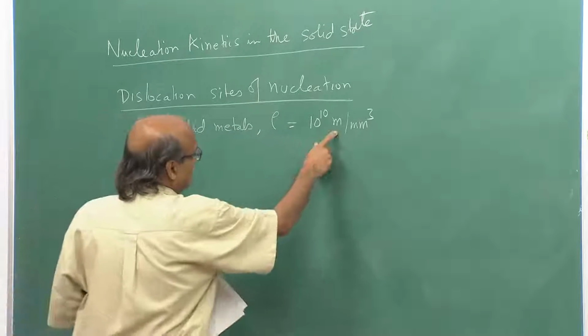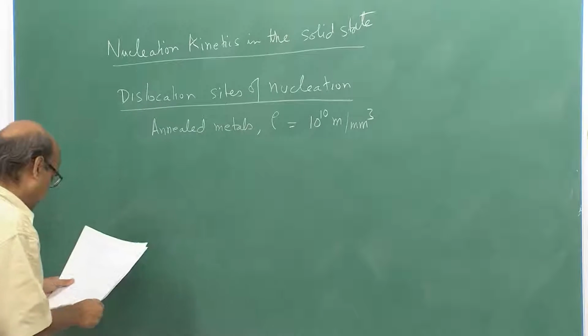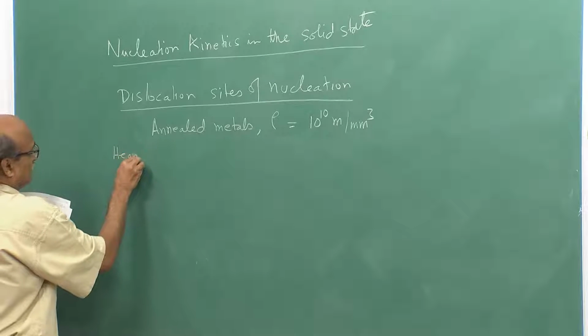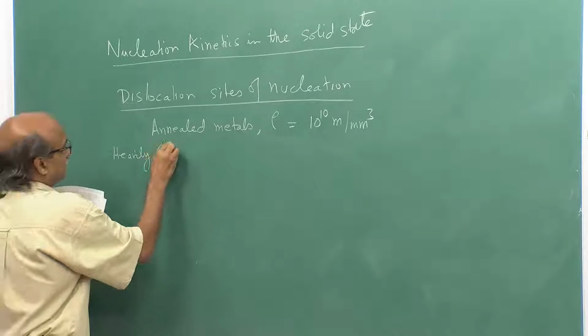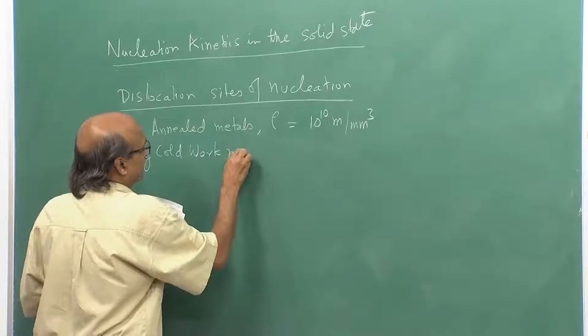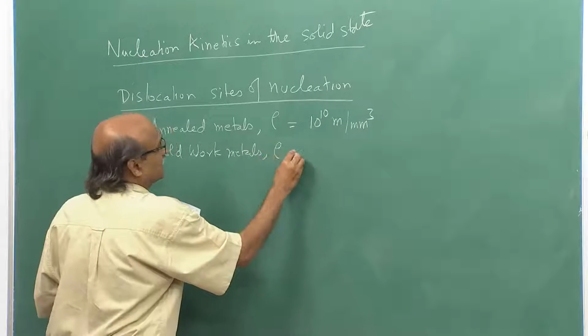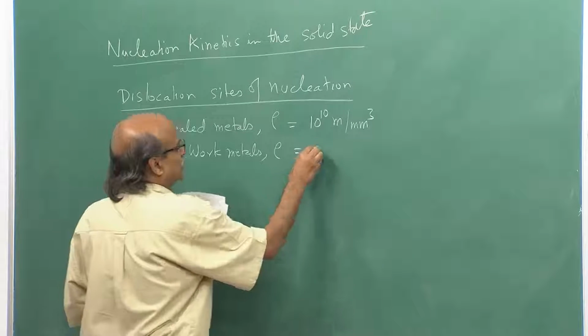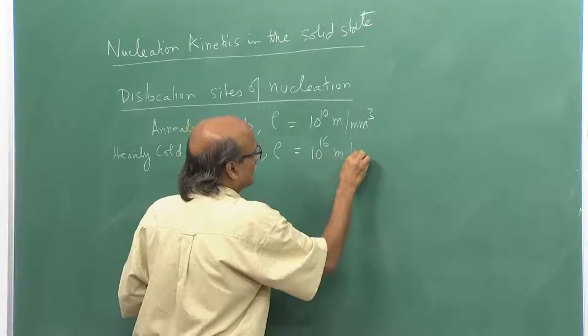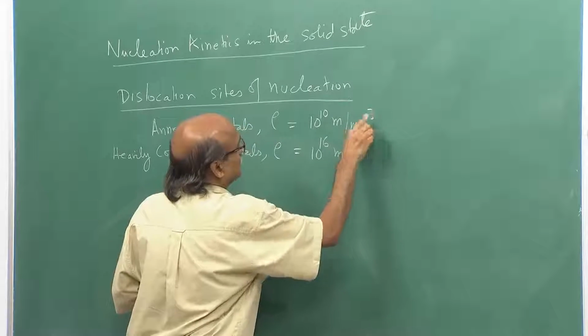So, in this case it is 10 to the power 10 meters per meter cube. If I look at heavily cold worked metals, the density can go up to as high as 10 to the power 16 meters per meter cube, sorry, this is meter cube.